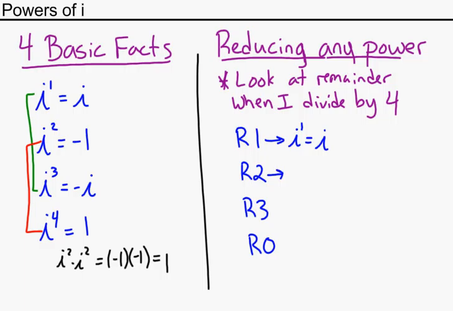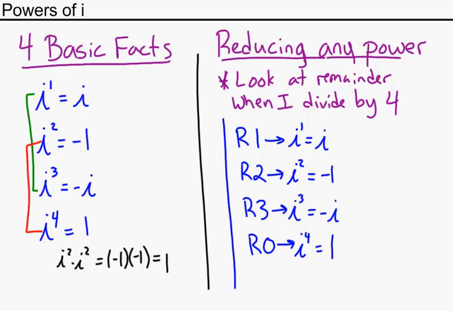A remainder of 2 is going to put it in the same category as i to the second, which is -1. A remainder of 3 is going to put it in the same category as i to the third, which is -i. And a remainder of 0 is going to actually work the same as i to the fourth, which is +1. So this right here is the chart that I need to look at and consider in order to determine what any power of i reduces down to.